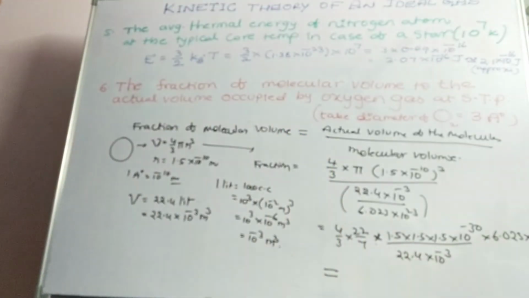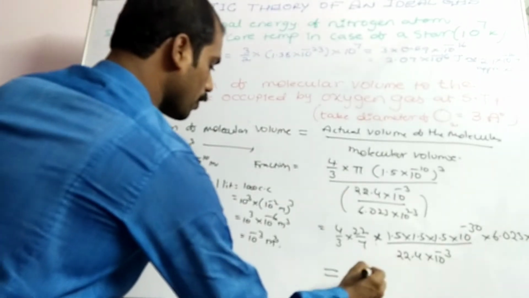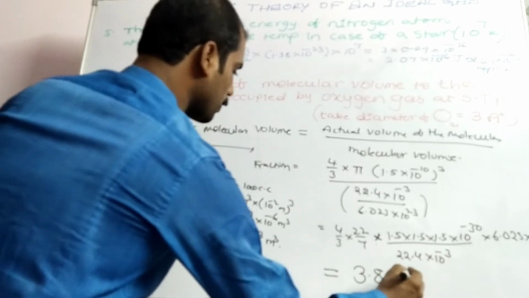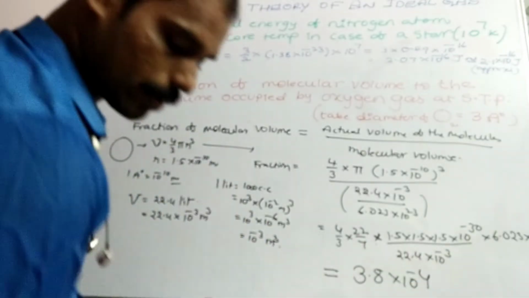After simplifying this one, we get the answer 3.8 into 10 to the power of minus 4 will be the answer.